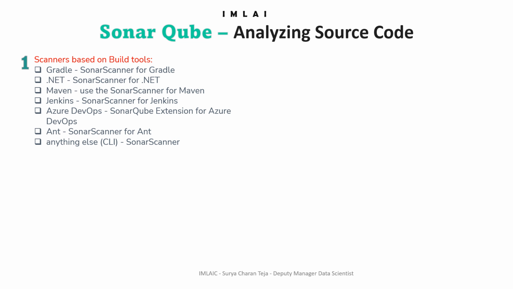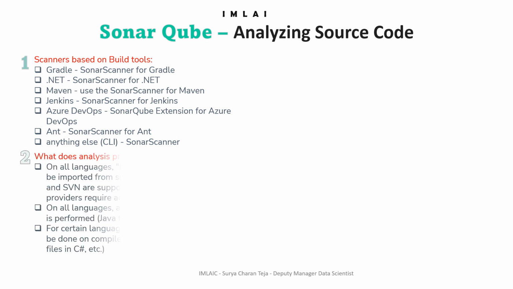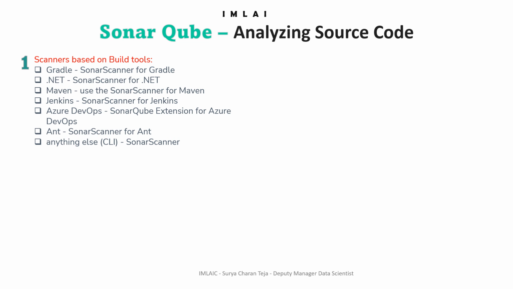But after all this, what does analysis produce? That question comes, obviously. SonarQube can analyze up to 29 different languages depending on your edition. The outcome of this analysis will be quality measures and issues.